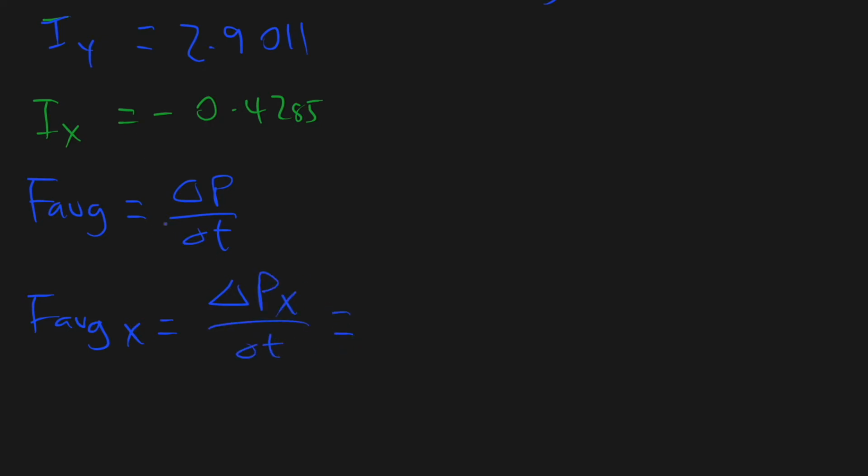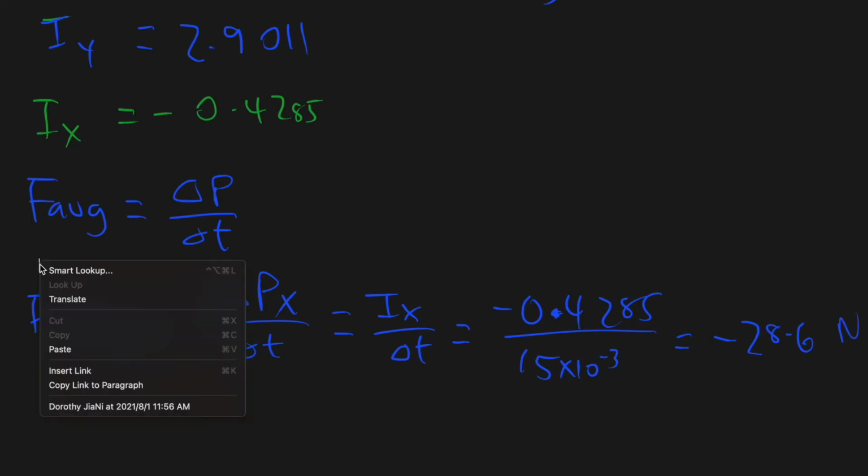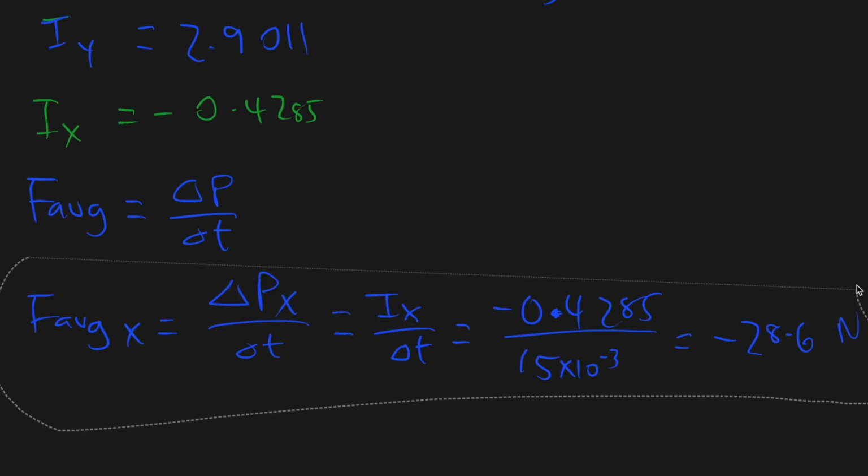The change in momentum is just equal to your impulse, so it is Ix over delta t, which is equal to negative 0.4285 over 15 milliseconds. You need to do the unit conversion: milliseconds to seconds, you just multiply by 10 to the negative 3rd power. So this is equal to negative 28.6 newtons. This is for your horizontal direction.